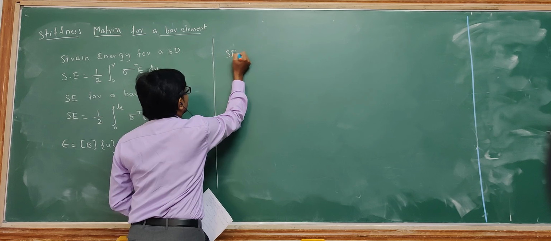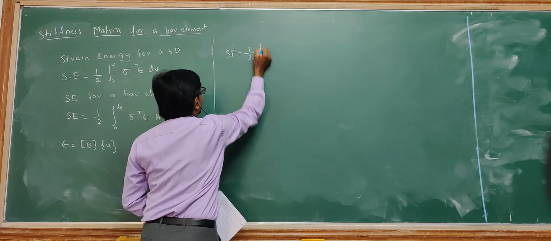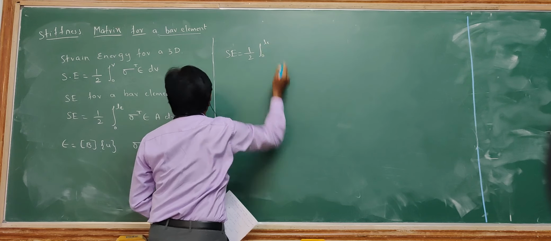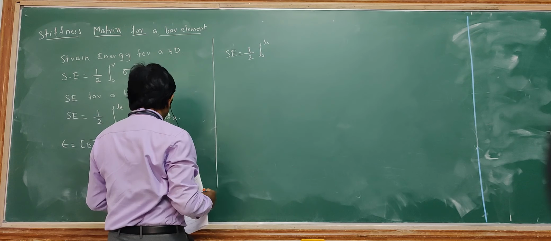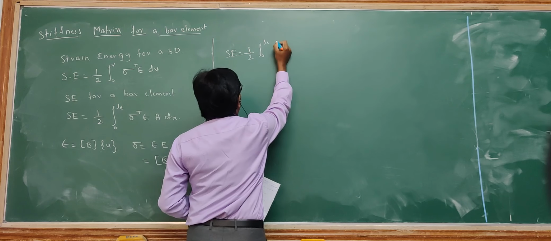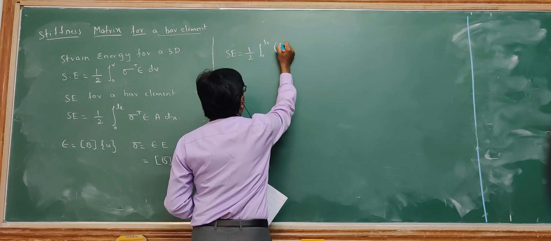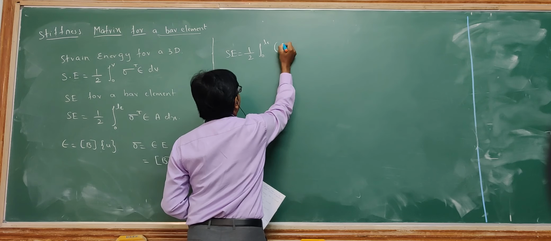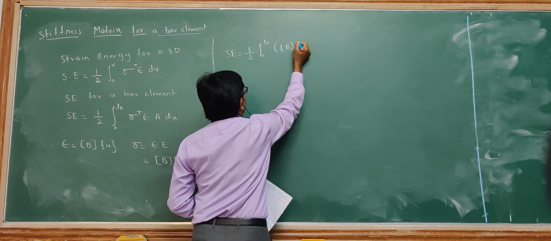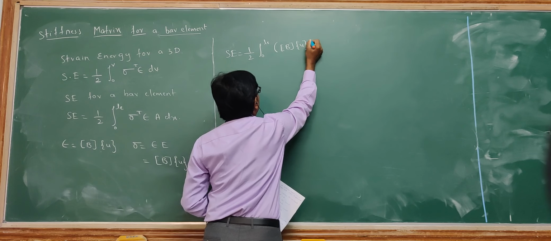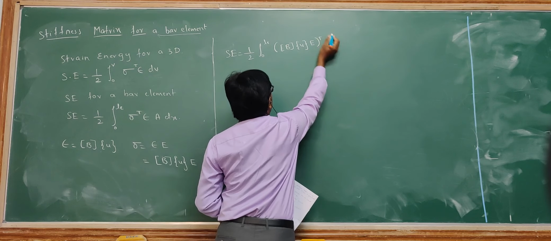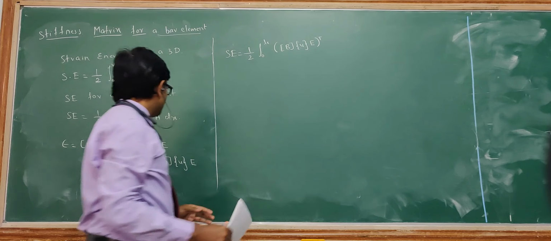Strain energy is equal to half integration 0 to length. I'll make a round bracket. In that, stress I'll write as B U E, which will be transposed.